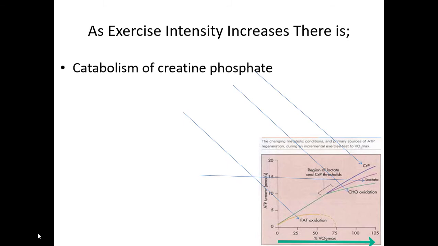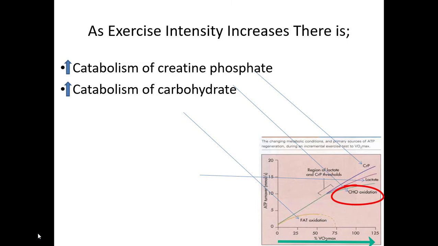So as exercise intensity increases, catabolism of creatine phosphate increases, right? Catabolism of carbohydrate also increases, based on this graph. And how about catabolism of lipid?